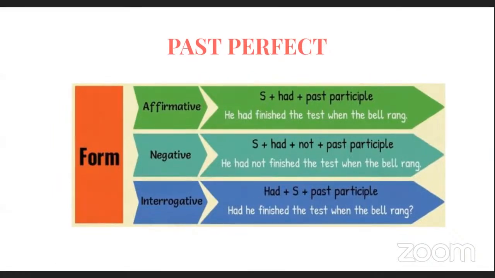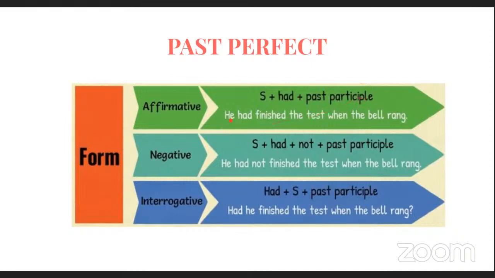First, we are going to see the grammar structure, all right? So whenever we want to make affirmative examples, we are going to need the subject. The auxiliary for this grammar structure is had. Okay, this is a must. You always need to have this auxiliary followed by the past participle.